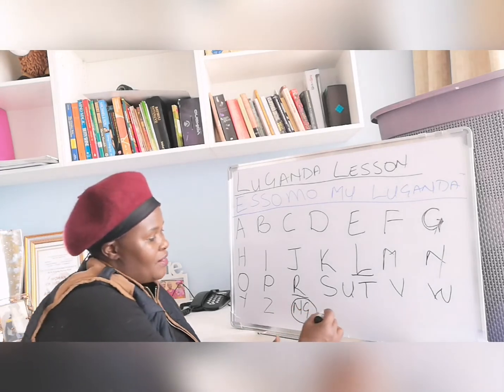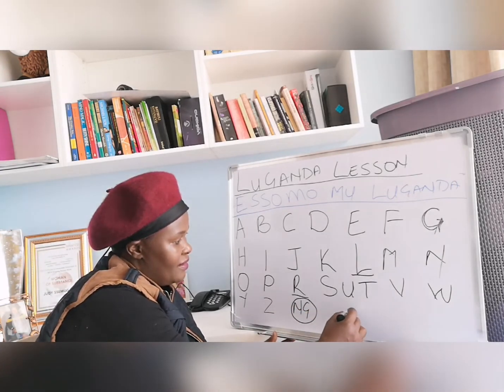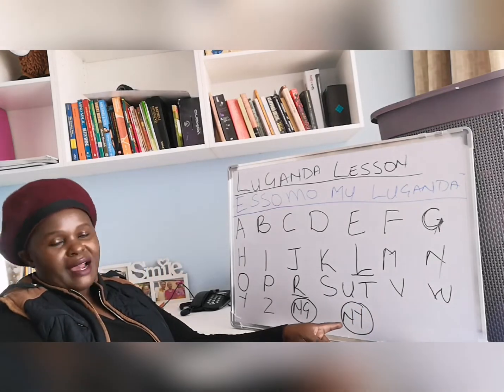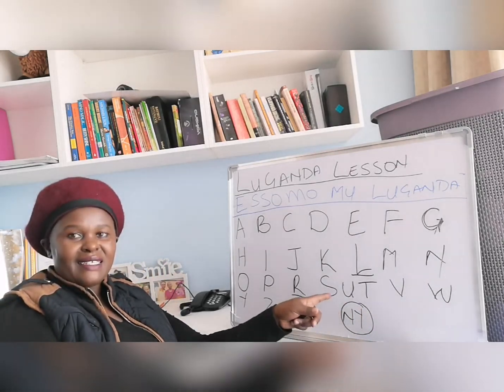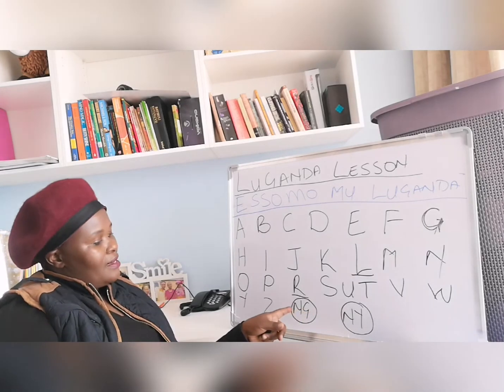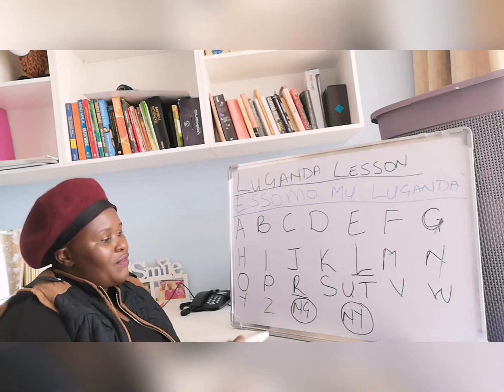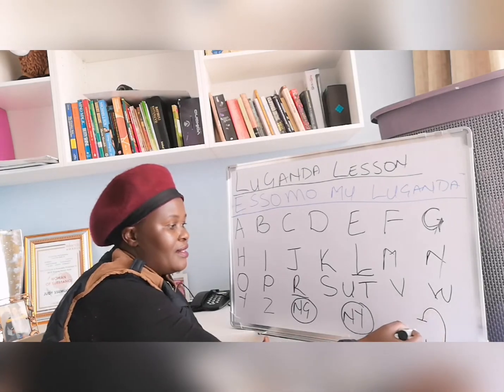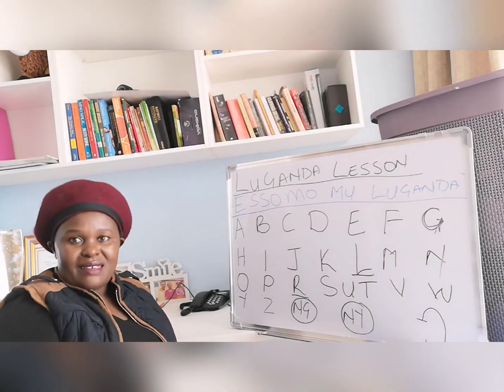And we have N and Y. N and Y, that's one letter, nya. N and G, in Luganda we have a letter called nga. That's how it looks like, nga.